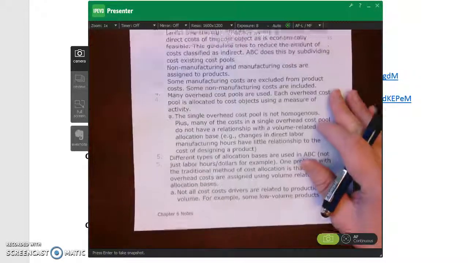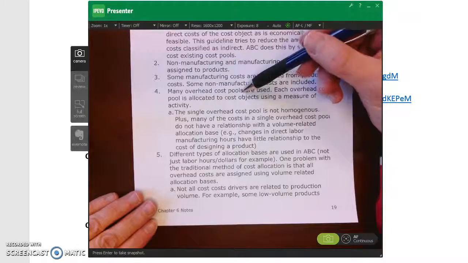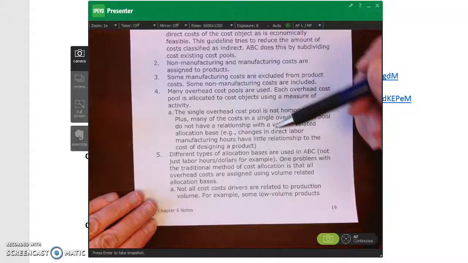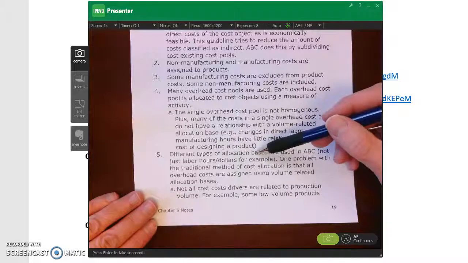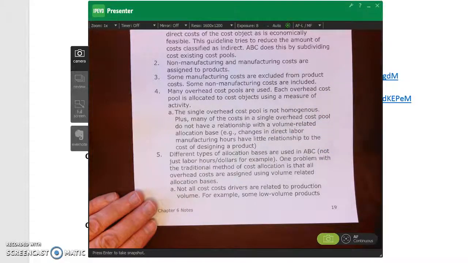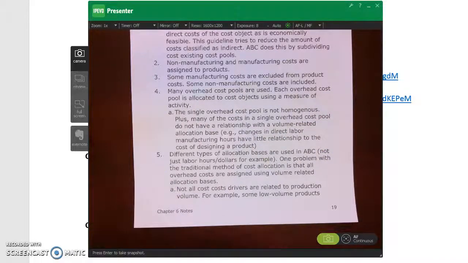Okay. So again, with ABC, we'll use multiple cost pools and a lot of different allocation bases. One of the issues with the traditional way of allocating overhead is we group all the overhead costs into one cost pool, and we allocate it out using a volume-related allocation base, such as direct labor hours or machine hours or direct labor dollars.